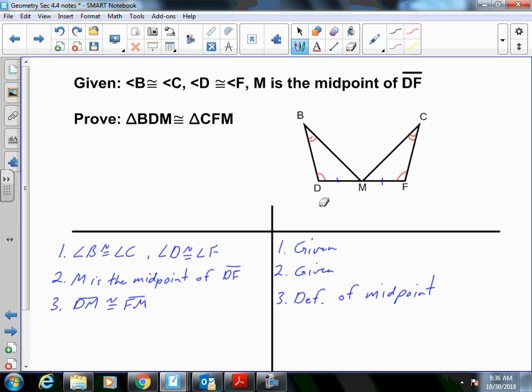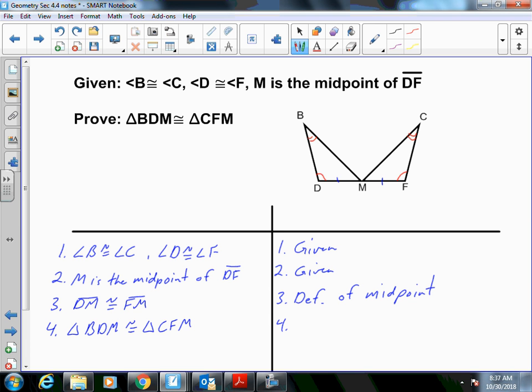And now if we look at what we've got, we have an angle and a side congruent to an angle and a side. So, is that enough to prove the triangles congruent yet? It is, right? So triangle BDM would be congruent to triangle CFM.